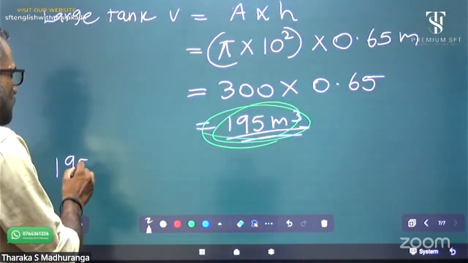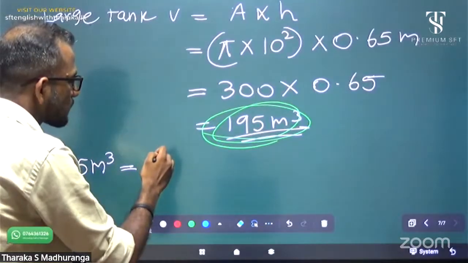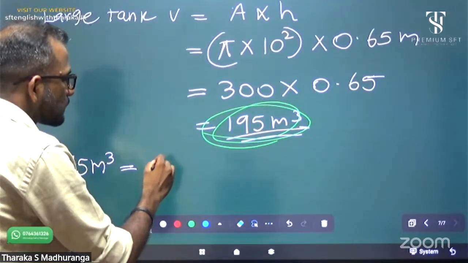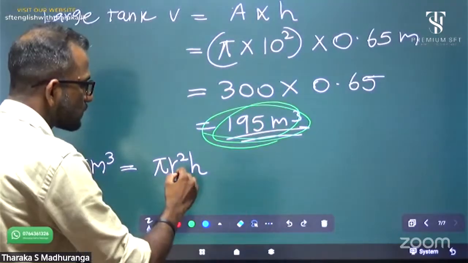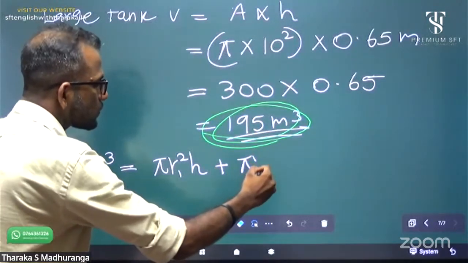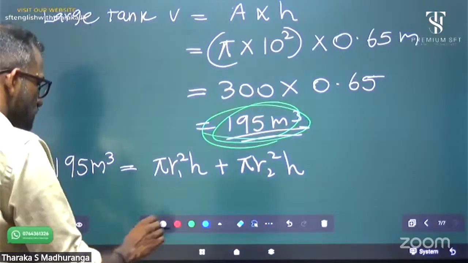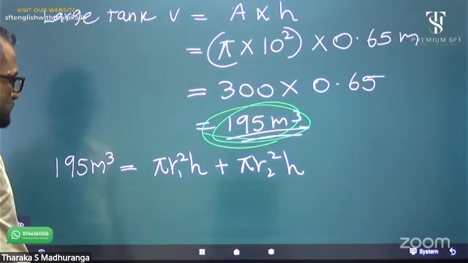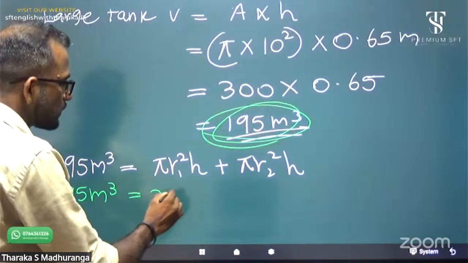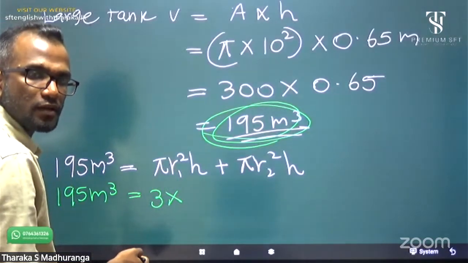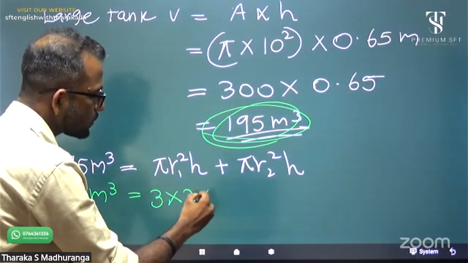Now 195 cubic meter equals pi r1 squared h plus pi r2 squared h. 195 equals pi, which is 3, times r squared, small tank radius 2, so 2 into 2 into h.